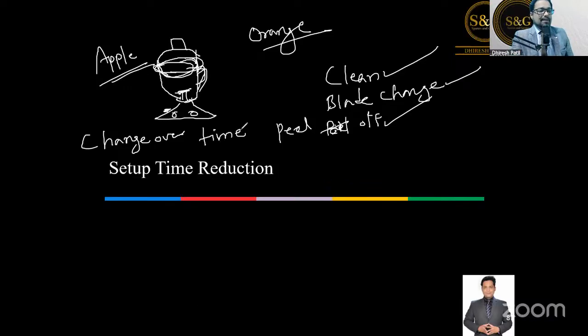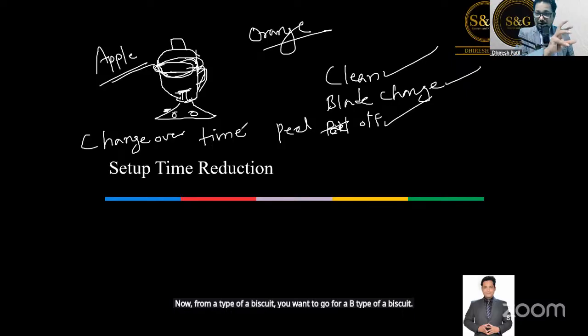I'll give you another example. Let's say you are a biscuit manufacturer. Now, from A type of biscuit, you want to go for B type of biscuit. So whatever process you need to do, that is called a changeover or a setup time.